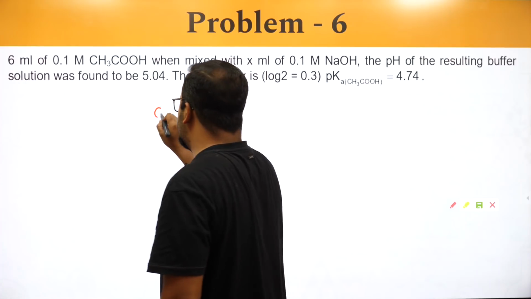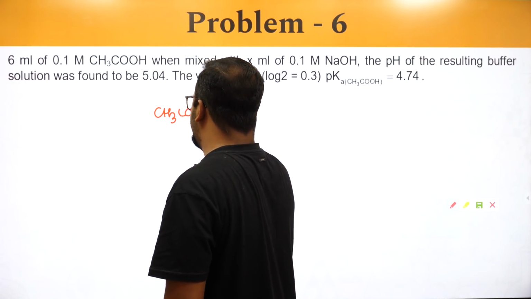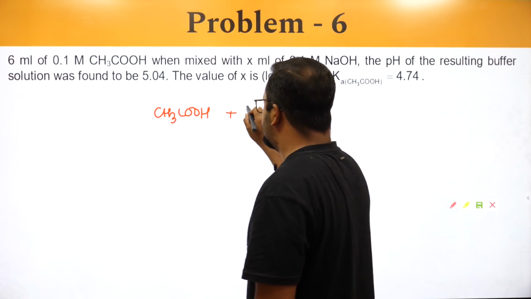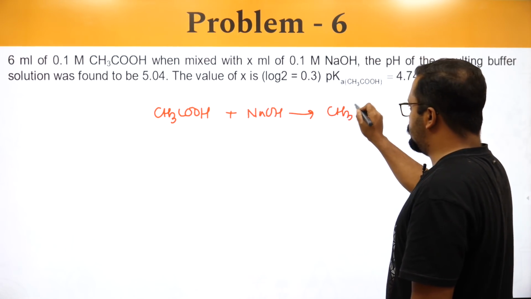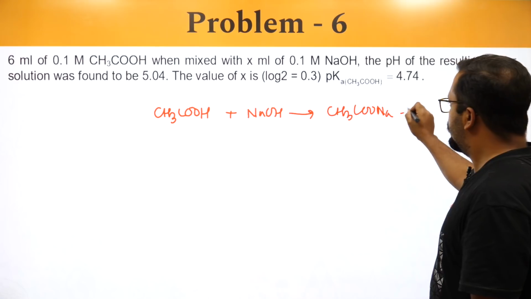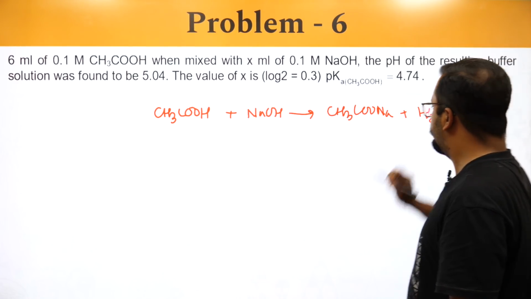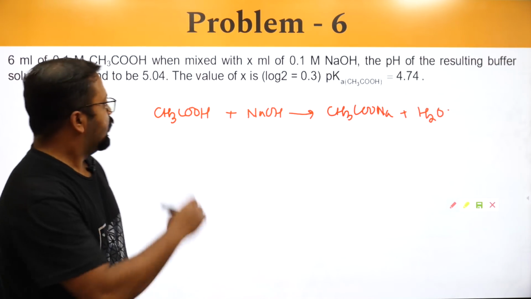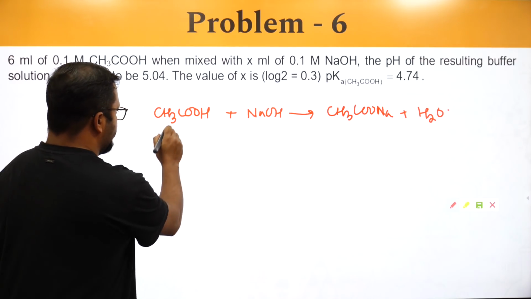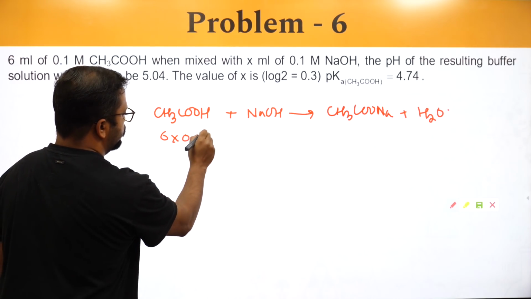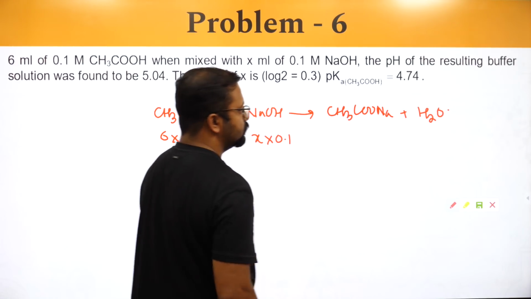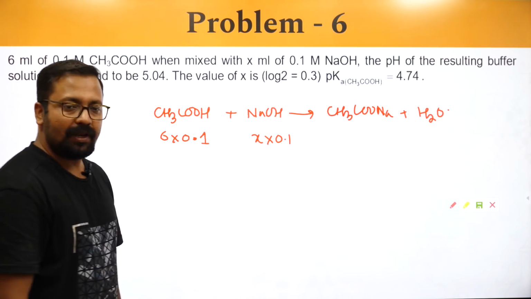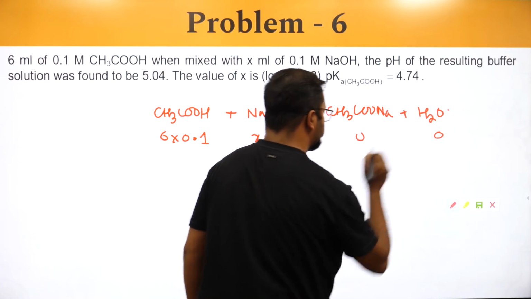So what we would do is, we'll write the equation like this: CH3COOH plus NaOH changes to CH3COONa plus H2O. ये होना है. 6 ml of 0.1, 6 times 0.1, x times 0.1. तुमने लिया initially 0 and this is 0.